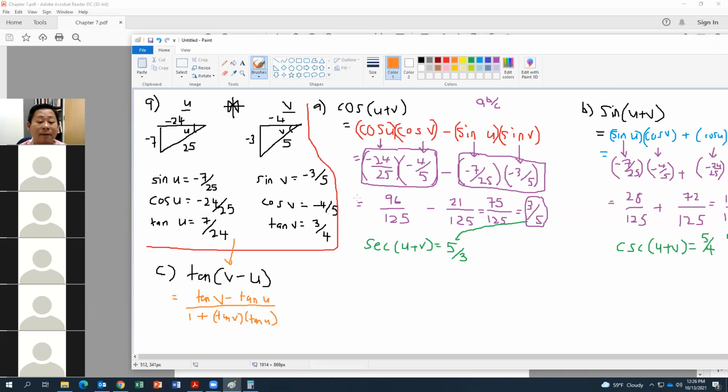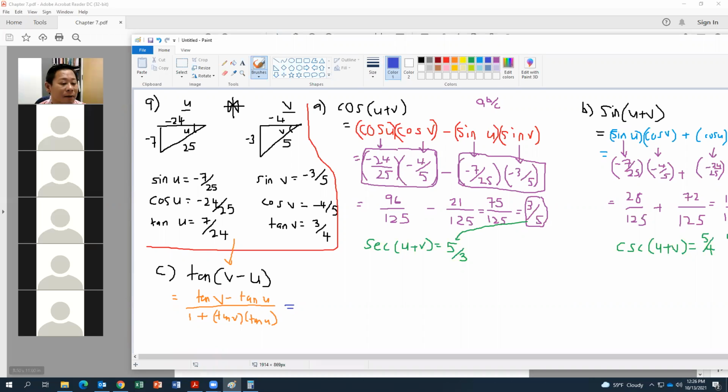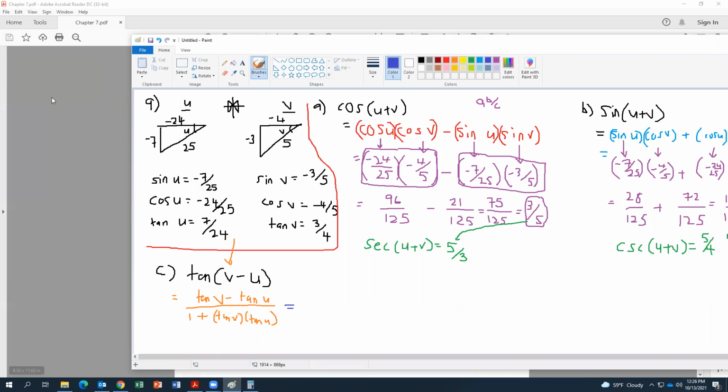All right. Anyone here can help me with this? Okay, we'll pick someone else here. Nikita, can you tell me what is tangent V minus tangent U? Do you want the answer or what to plug in?